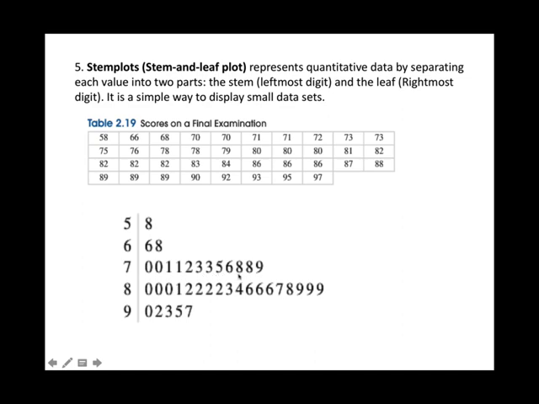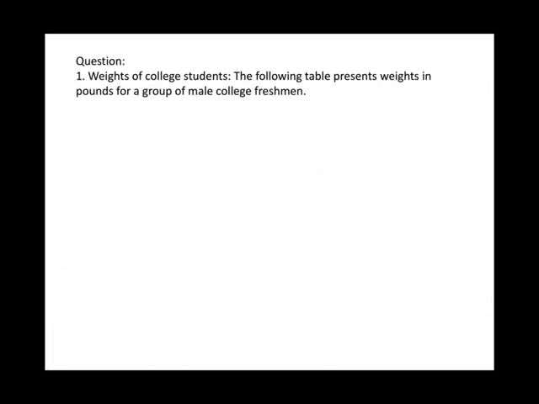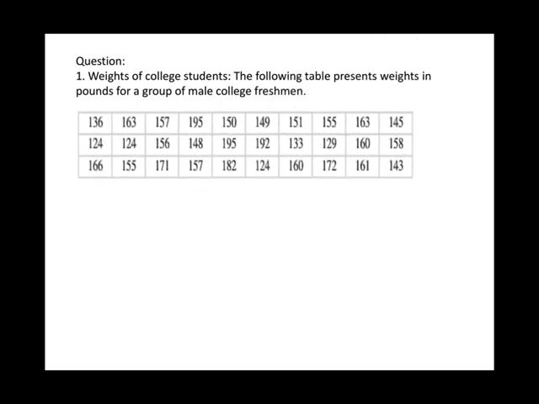Okay, let's try another example on weights of college students. You can see this example has 3 digits in each data. So which digit is the stem and which digit is the leaf? Like for the first data, 136. We will use the 2 leftmost digits as the stem, and the rightmost digit as the leaf here. Okay?